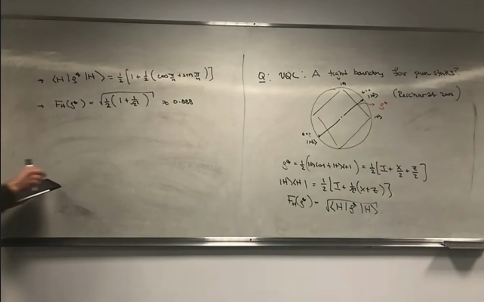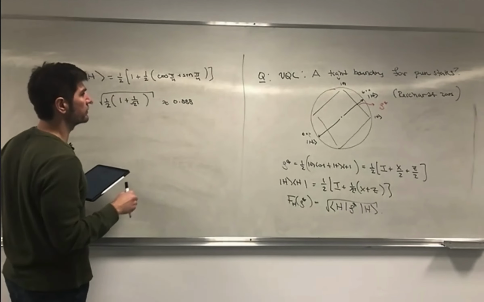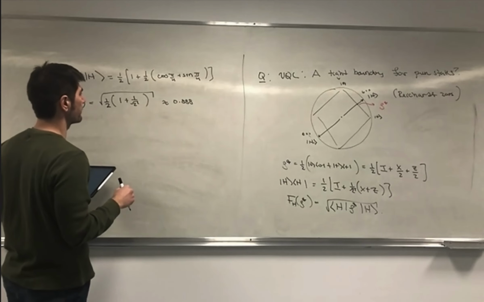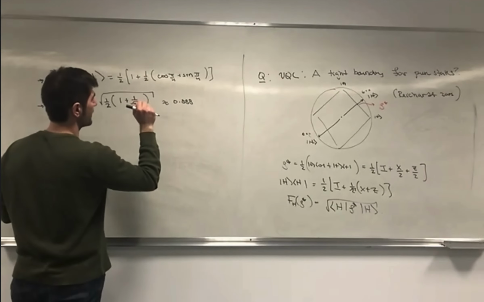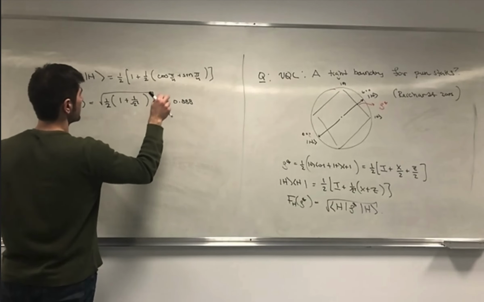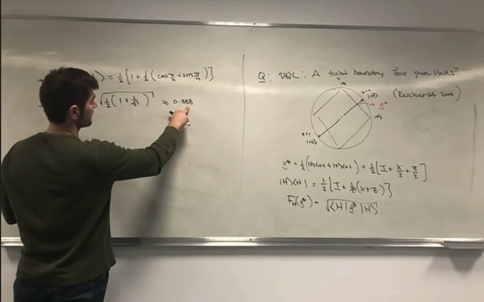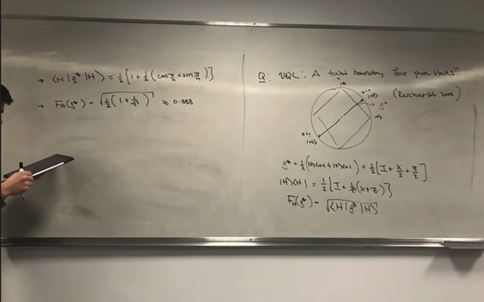This will be an important number because we want to check later that our distillation algorithm works if and only if we get an output error that gives us something greater than this.